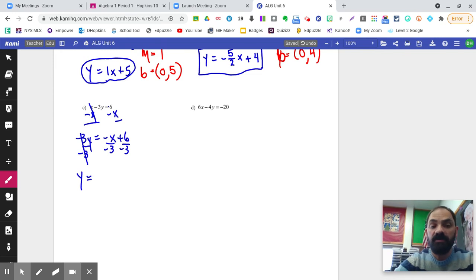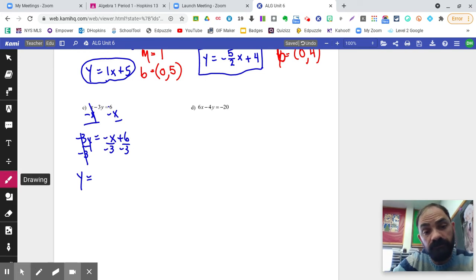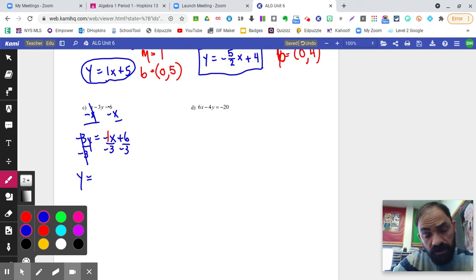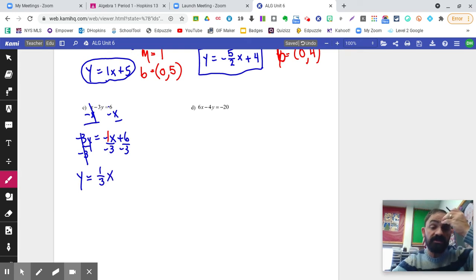So a negative divided by a negative is a positive. The number in front of x, remember, if there isn't a number there, it's really a 1, right? So again, negative divided by a negative is a positive. So I'm just going to have 1/3 x. That 3 stays on the bottom. And 6 divided by -3 is -2.